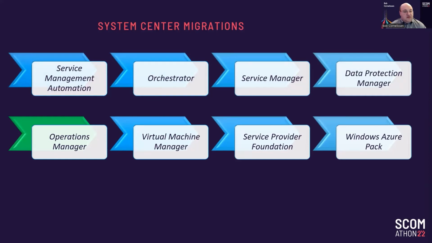So if you're upgrading a lot of different products in the System Center suite, you need to keep in mind that there is a preferred installation order and upgrade order as well. This only applies in cases you have integrated these products with each other. If they are just running separate from each other, then it really wouldn't matter that much.